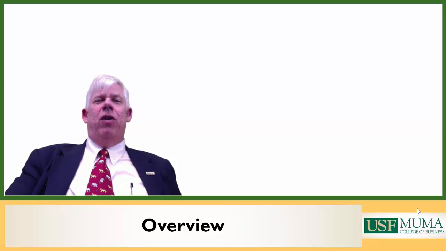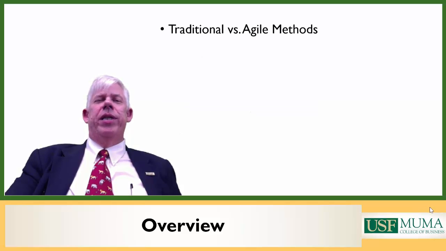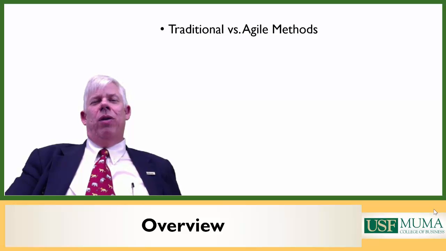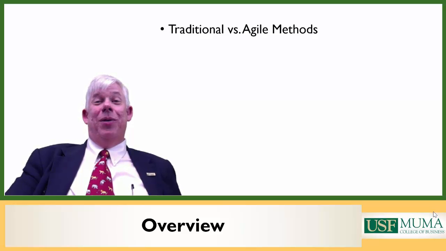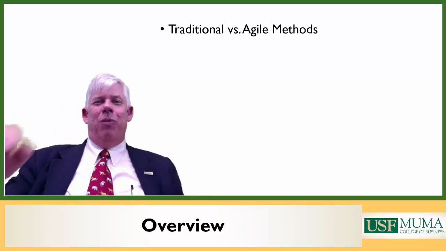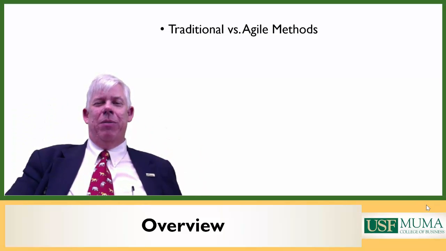What we'll be talking about in this chapter, to begin with, is the distinction between traditional and agile methods of research, drawing a parallel between programming using the traditional systems development lifecycle and agile methods. We'll try to identify situations where an agile perspective to the case method might be appropriate.